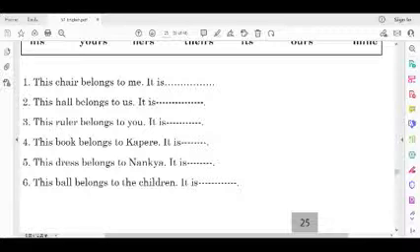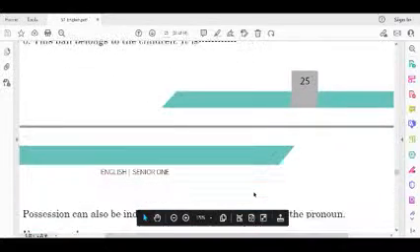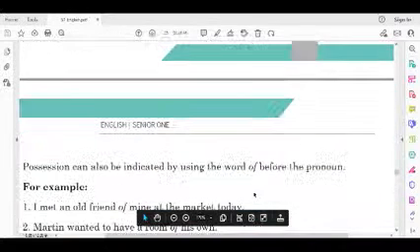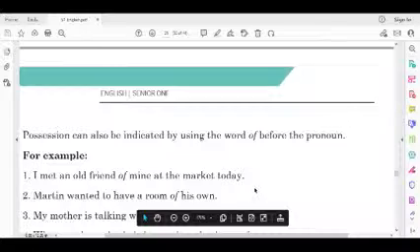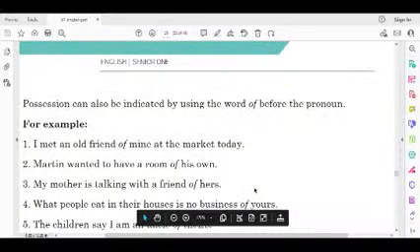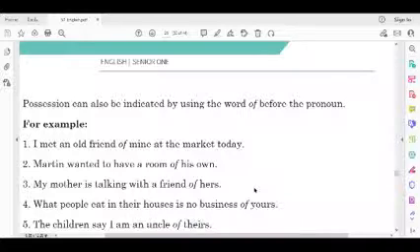Then after that, I can see that people are following and they are really understanding this. So they are telling us that apart from using those pronouns, we also have another way to indicate ownership.